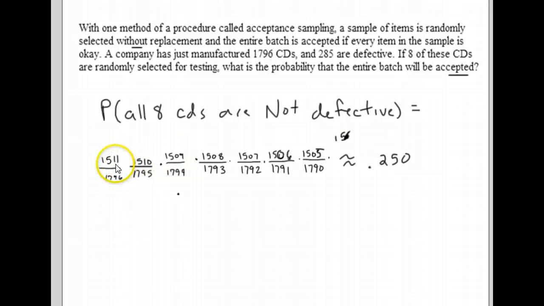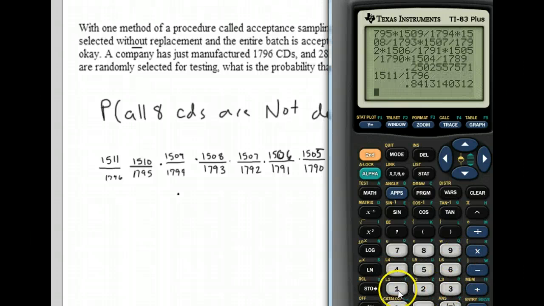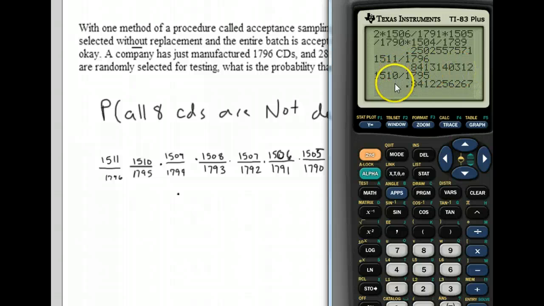If you've got several different steps, and you're just taking down one from the top and bottom, there is a very small difference between going down one of these from one to the next, meaning like if I look at 1511 divided by 1796, and the very next one would be 1510 divided by 1795. There's really not much of a difference between these two as we go down.